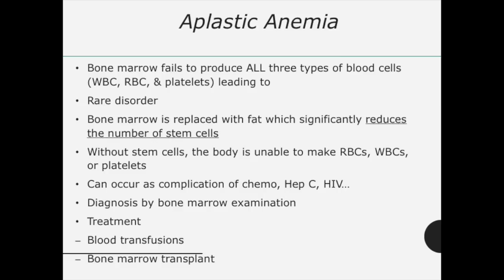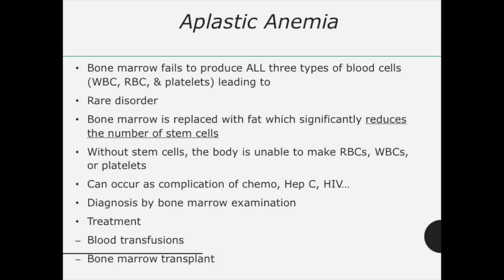When you think about your interventions, you need to prepare your patient for the possibility of a bone marrow transplant. And then you also need to administer those immunosuppressive medications as prescribed. Anti-lymphocyte globulin or anti-thymocyte globulin may be prescribed to suppress the autoimmune response.